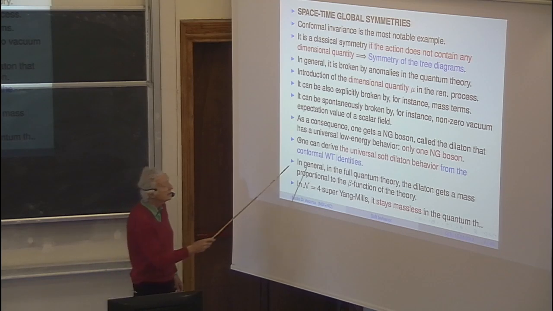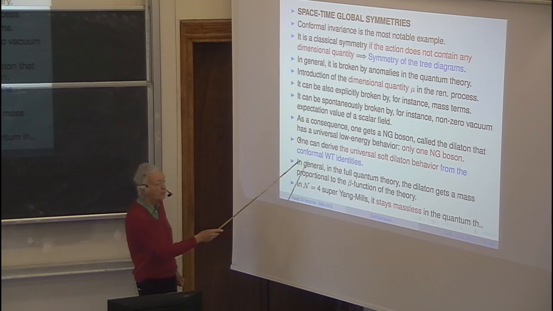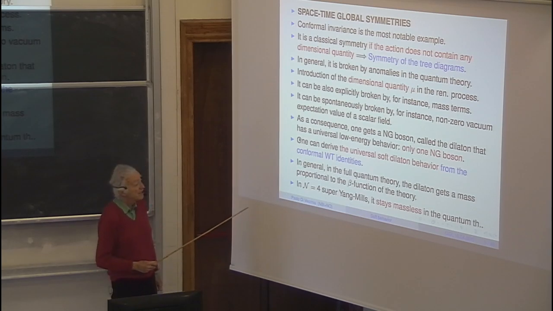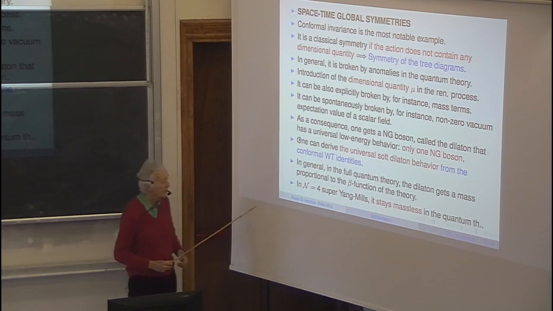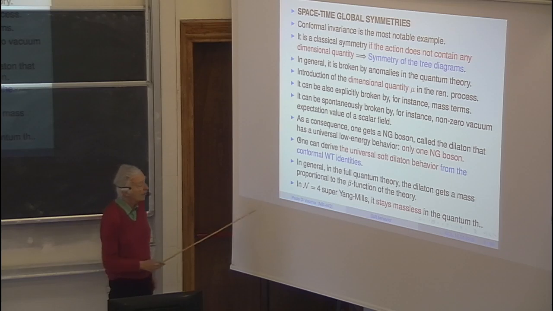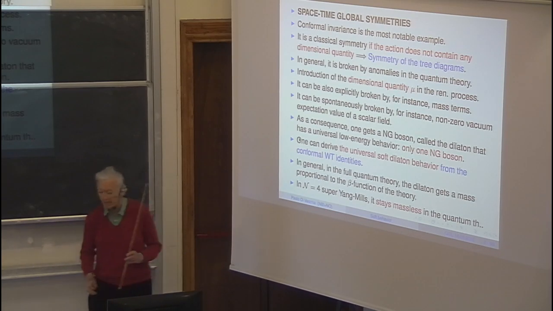And one can derive the universal soft dilaton behavior from the conformal Ward identities. In general, this symmetry is broken, and the dilaton gets a mass which is proportional to the beta function of the theory. There is a theory, however, N=4 super-Yang-Mills, where the dilaton stays massless.